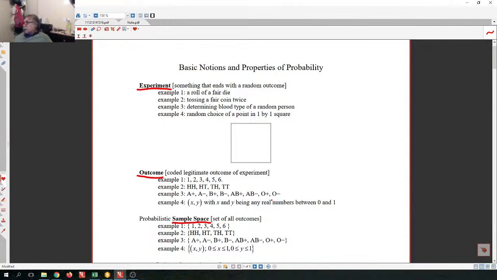Blood type, that is a problem. The number of outcomes here is 8, which is a finite number, but they are not equally likely. A plus blood type is in approximately 30% of the population. A minus blood type is, I don't know, 2 or 3% of the population.